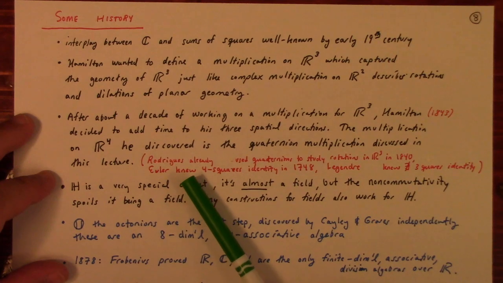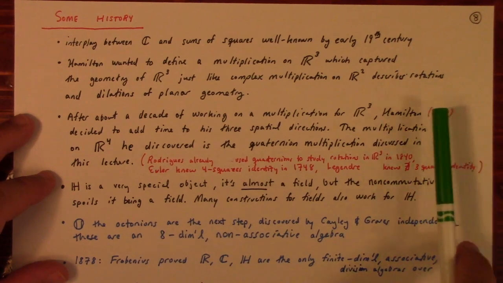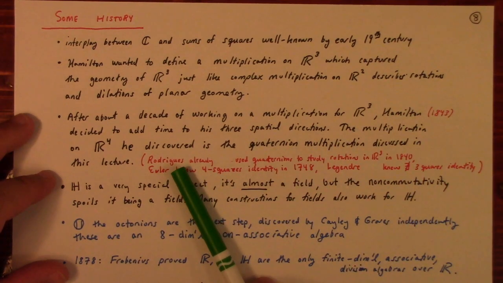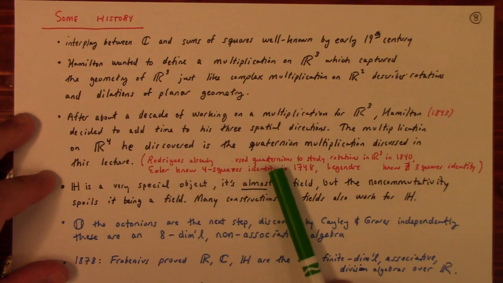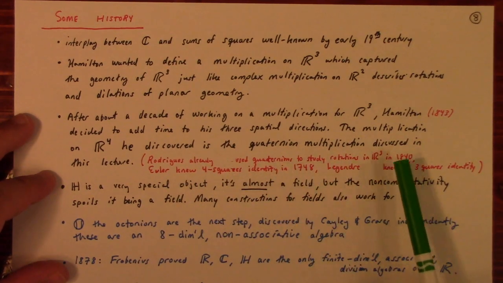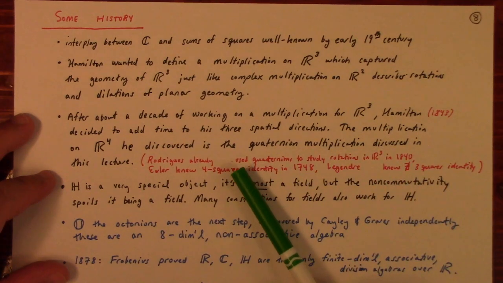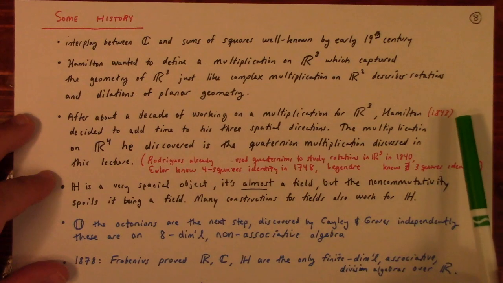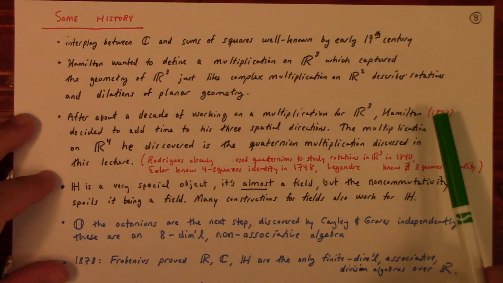It was 1843 when Hamilton made this discovery, and another mathematician by the name of Rodrigues actually used that Quaternion multiplication to study rotations in R3 in 1840. But Hamilton is generally credited with the Quaternions because he's the one that popularized the idea and explained their importance more.